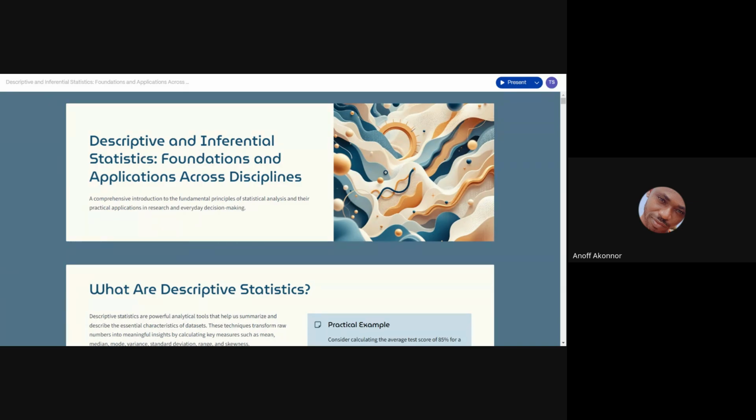And then when it comes to the importance of descriptive and inferential statistics in education, I found that it helps to make proper interpretation of data. So when maybe you want to find out what subject the students really like, as one of our colleagues mentioned, it helps us to make proper interpretation of data.